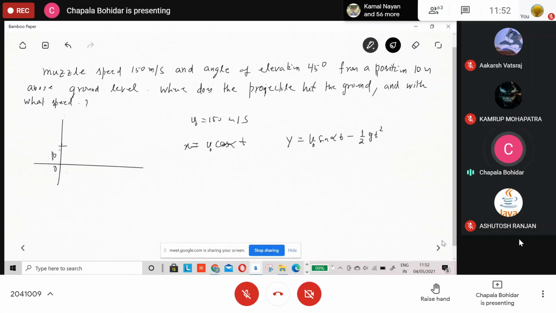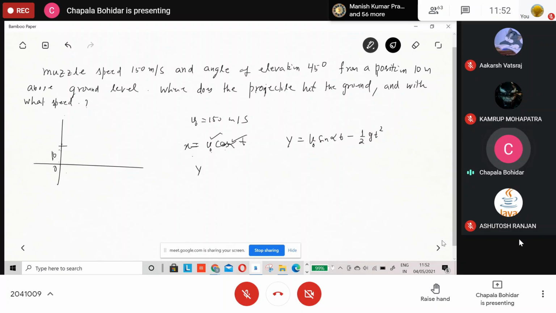Okay. So now here x is equal to v0 cos alpha t. V0 is given, alpha is also given. Here, what you write down in the expression for y, we should add 10 because it is 10 meter above the ground.